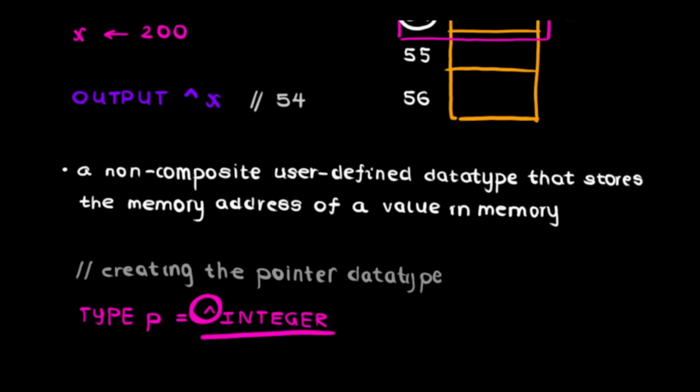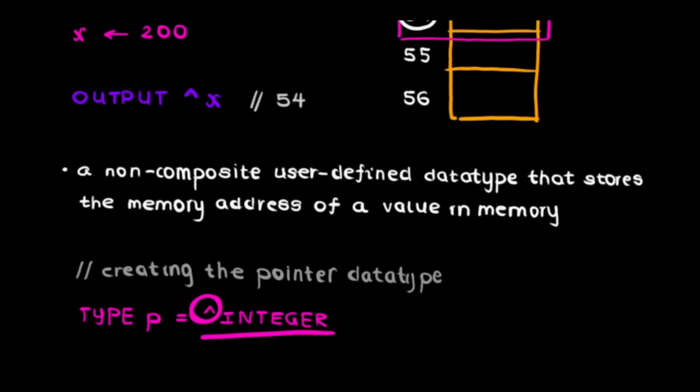So the idea is I haven't really assigned it to any particular variable yet. I'm just saying, let me create a pointer that stores the address of some integer. The integer will come later on in the future, but for the moment let me create a pointer to an integer, and the integer can be stored later on.